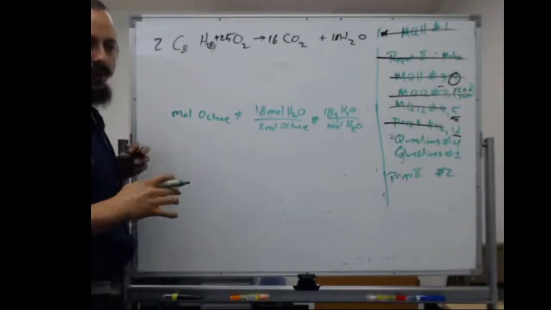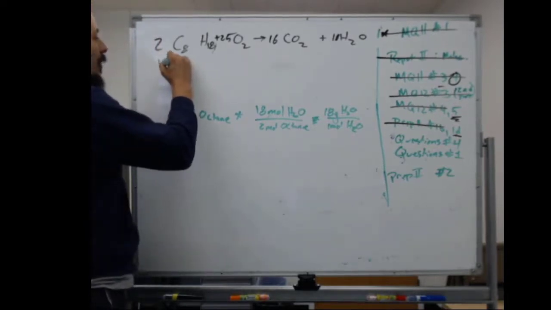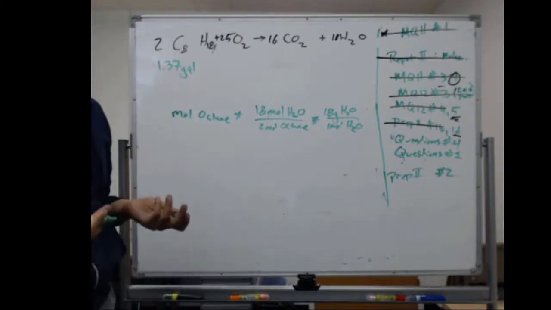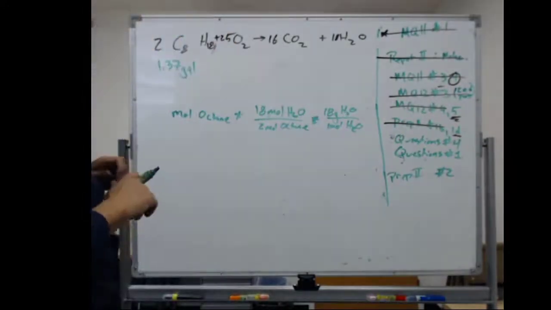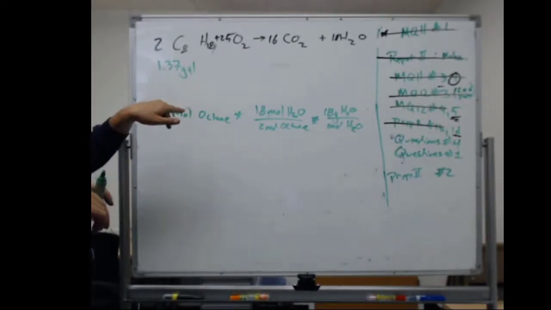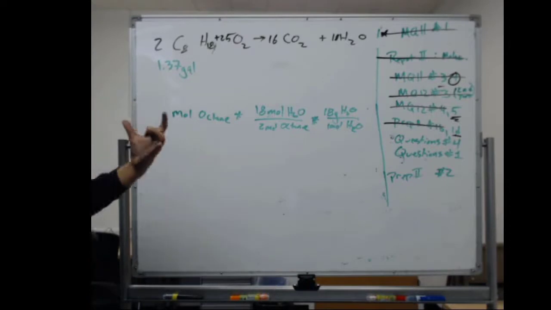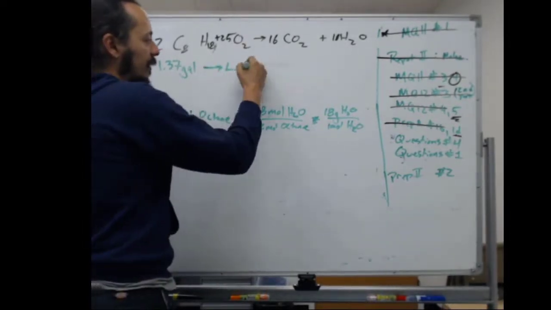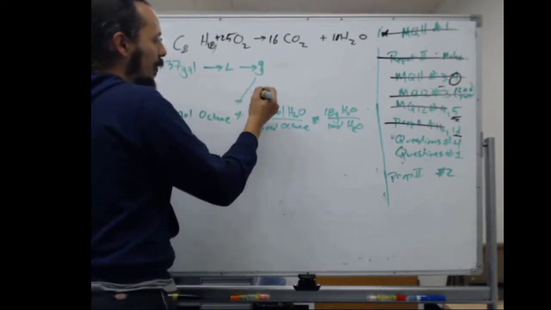The only thing we're missing is how we get from the silly units they gave us of 1.37 gallons, and it's not really the fault of the problem, it's the fault of the United States, but let's not get into it. We need to go gallons to liters to grams and then to moles.